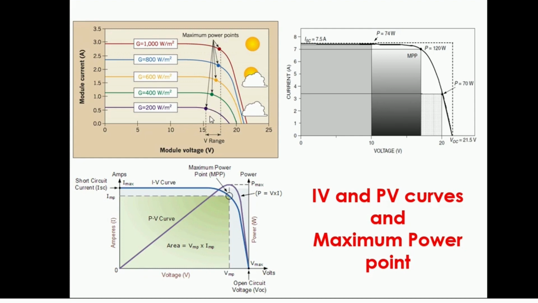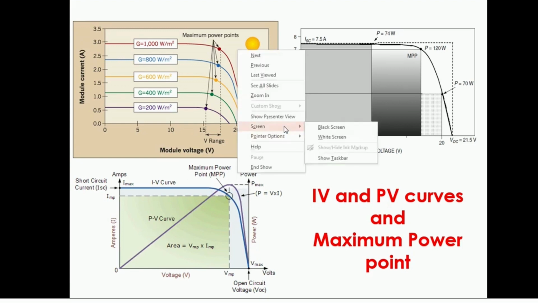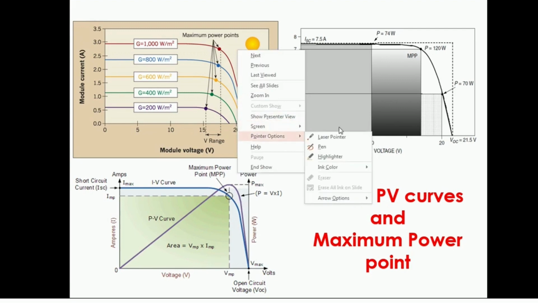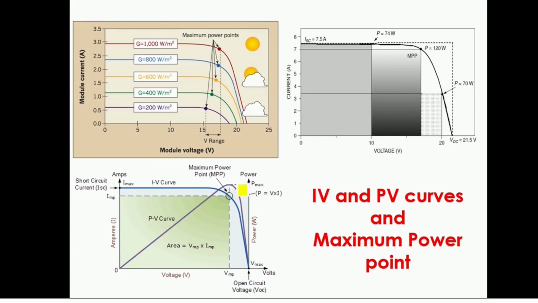If we talk about a particular radiation, we can also draw a PV curve, that is the photovoltaic curve of power versus voltage. So if you go with this PV curve, this is our maximum power point that we are going to track. Moving further, if we have particular data with us, we can track this point.